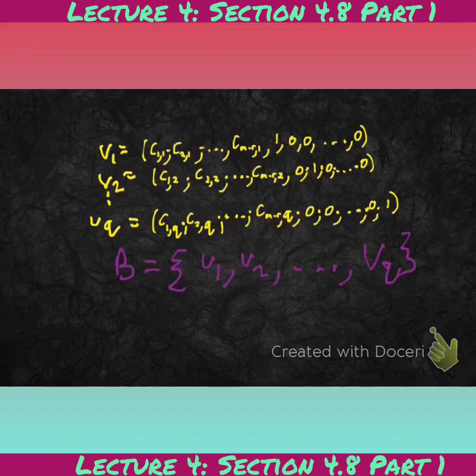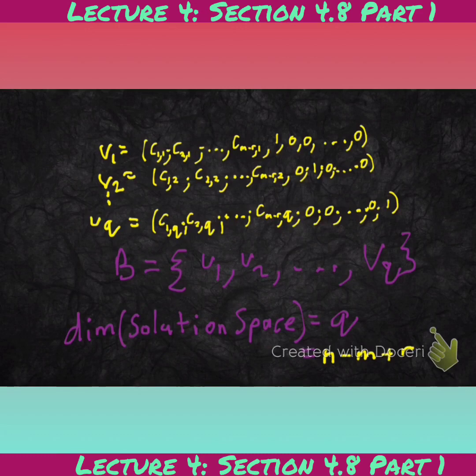So a basis for the solution space is the set B, where B is v1 up until vq. The dimension of the solution space is q, where q is n minus m plus r.